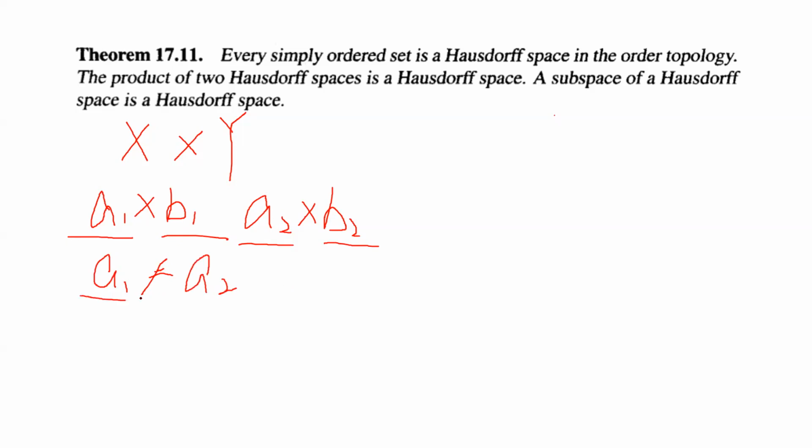If A1 is not equal to A2, since X is a Hausdorff space, there exist two neighborhoods U1 and U2, where A1 belongs to U1, A2 belongs to U2, and U1 intersects U2 equals the empty set, right?